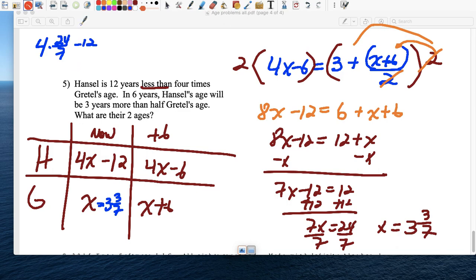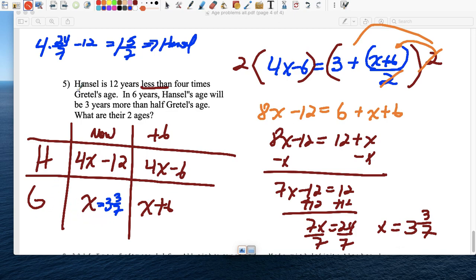Let's see what that looks like. 4 times 24/7 minus 12, which makes this person over here a year and 5/7. All right, so Hansel is this. And again, if you guys figure out what I did wrong, you can let me know.